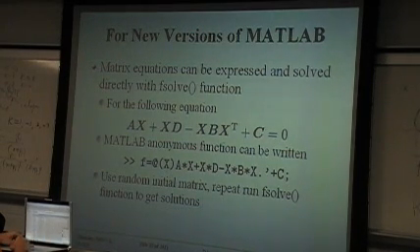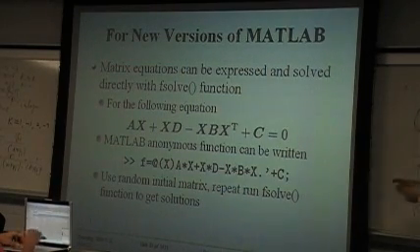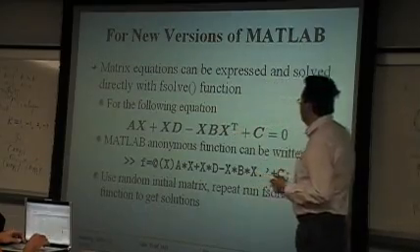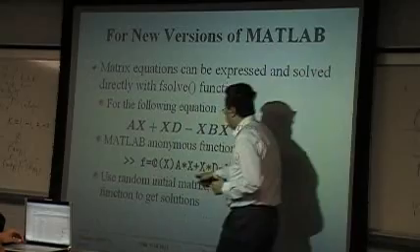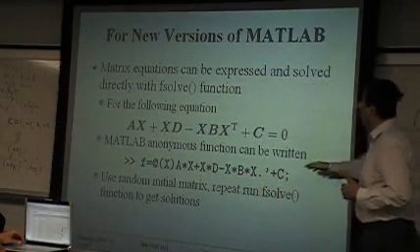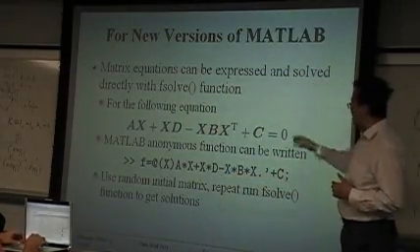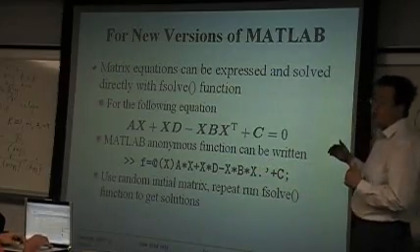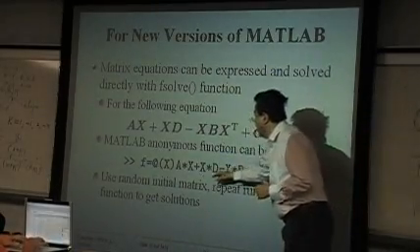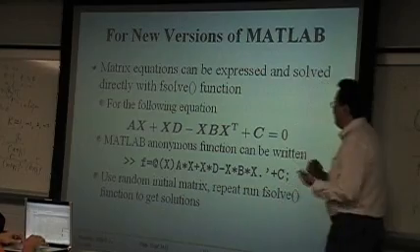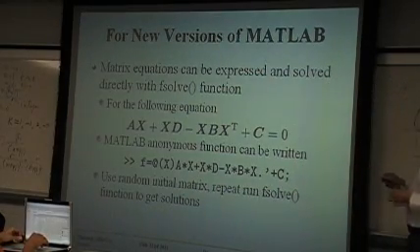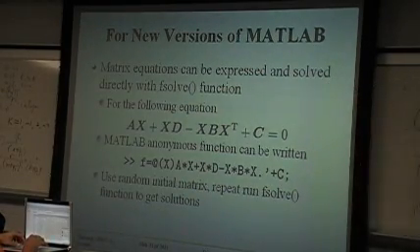So, for solving this kind of matrix equations, we can easily describe it like this. However, before this, we have to specify the A, B, C, D matrices first. And then we can use this command to describe the matrix equation. And then we can use the fsolve command to solve this equation directly.